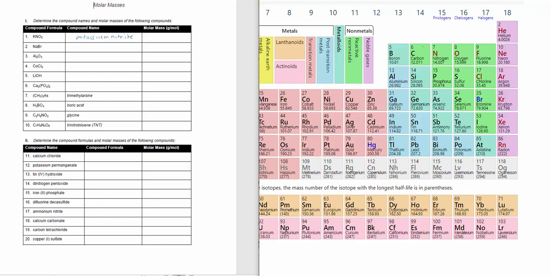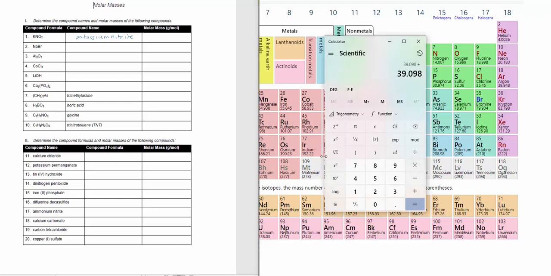Nitrogen is over here in row 2, column 15, and it has a mass of 14.007. And then I also need to add the mass of 2 oxygen atoms. Now the oxygen atoms are given to me here at 15.999, and I need 2 of them. So when I add all that together, I get a molar mass of 85.103 grams per mole.